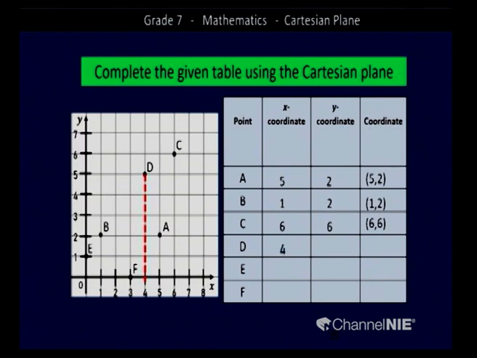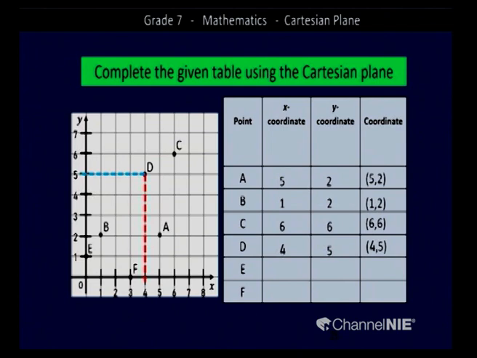Then I am going to draw a perpendicular from point D to the y axis to get the y coordinate, and I can say the y coordinate of point D is equal to plus 5. Therefore, I can write the coordinates of point D as (4, 5). Once again you have to mention it within brackets.